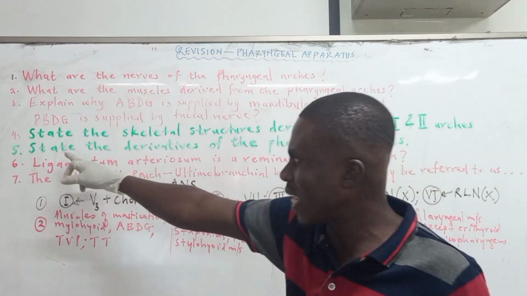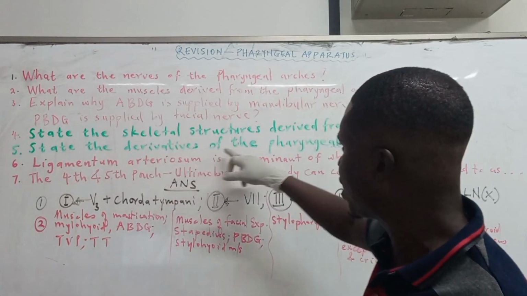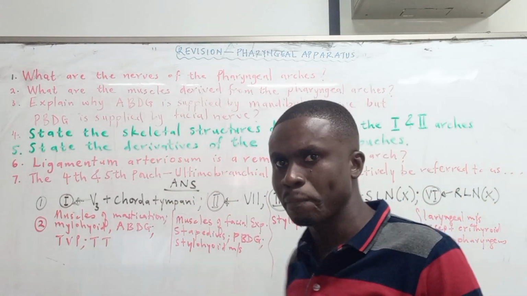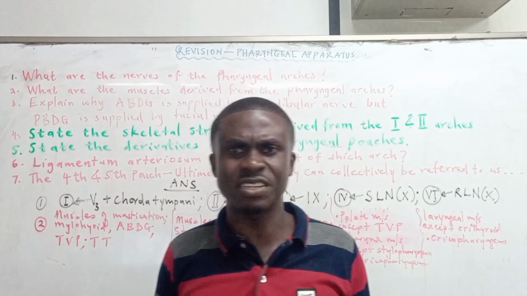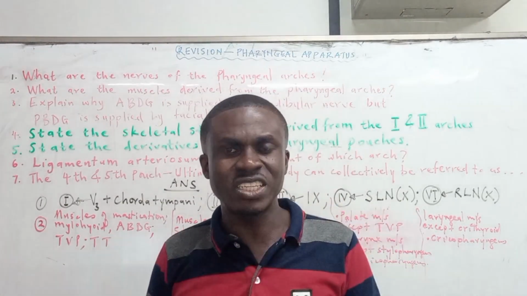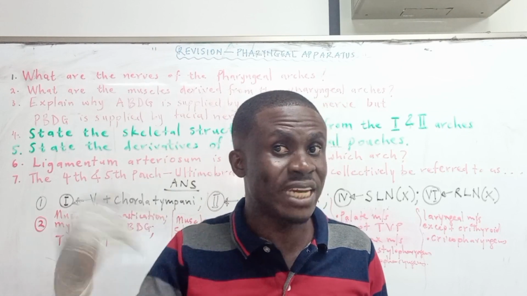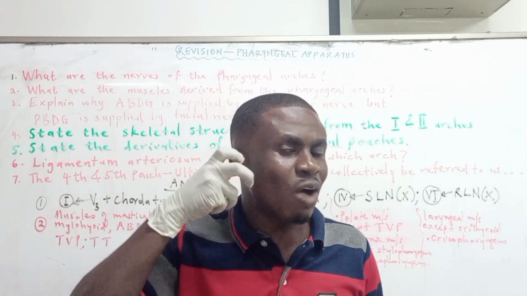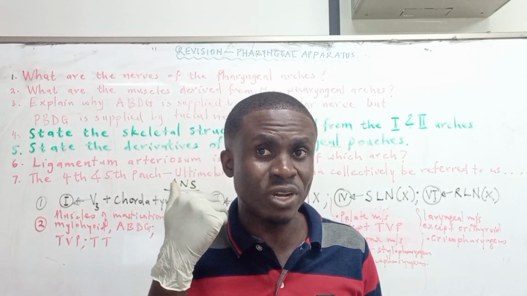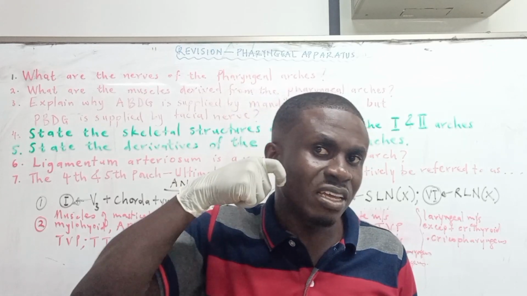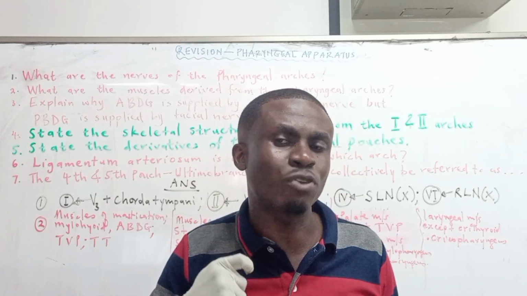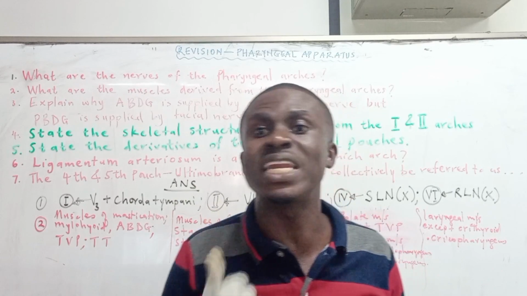Now, being through with that, the next one is state the derivatives of the pharyngeal pouches. So the derivatives, now I told you that for the clefts, which are ectodermal, because of the downward growth, because of the push of the mesoderm in the second arch, the second arch's ectoderm grows downwards to cover the remaining clefts.